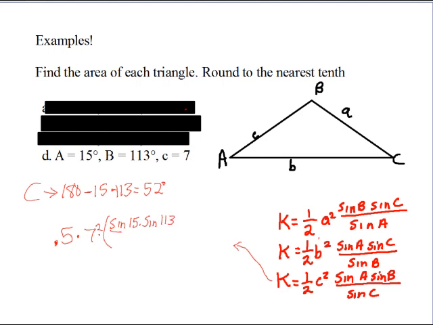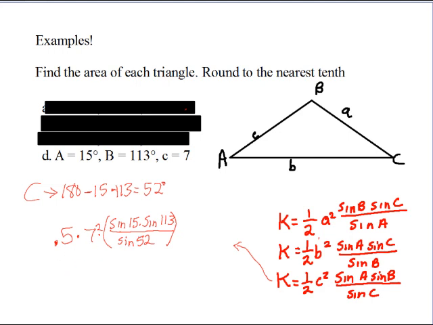Okay, and remember, since I have little c, big C needs to go on the bottom. So I have sine of 52. So in the calculator, I advise you type these in. Order of operations should get you right anyway, because it's going to be multiplied before you divide.